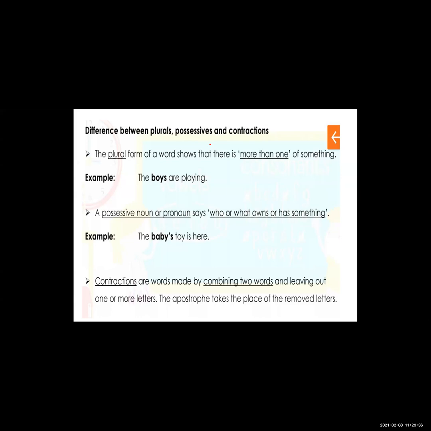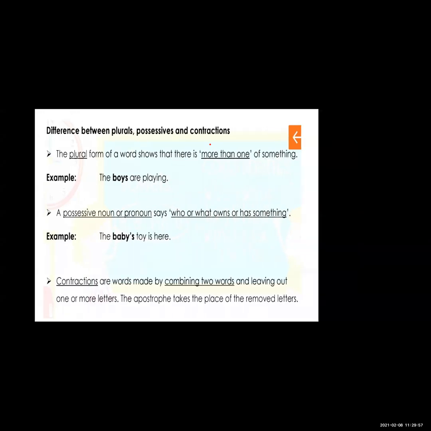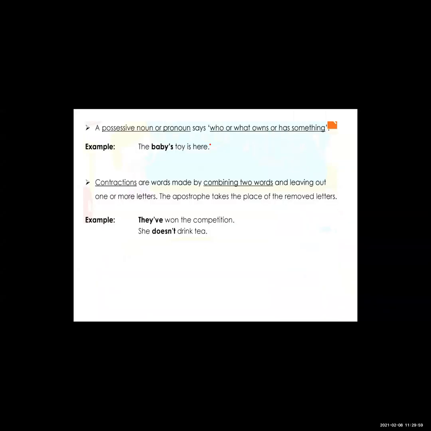Next one is contractions. Contractions are words made by combining two words and leaving out one or more letters. The apostrophe takes the place of the removed letter. See here, example.